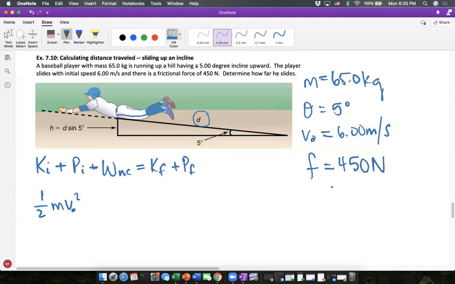Remember that gravitational potential energy is mgh. So our h here is 0, so we don't have an initial potential energy.